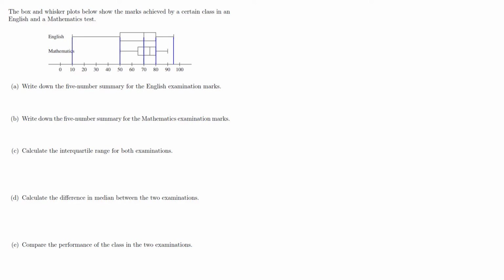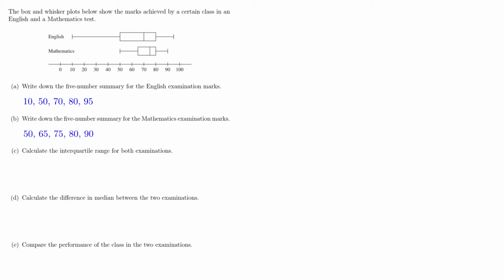The upper quartile is 80. Highest score is 95. Same thing for maths. It looks like the lowest score is 50, lower quartile is 65, median 75, upper quartile is 80, and the highest score was 90. Okay.